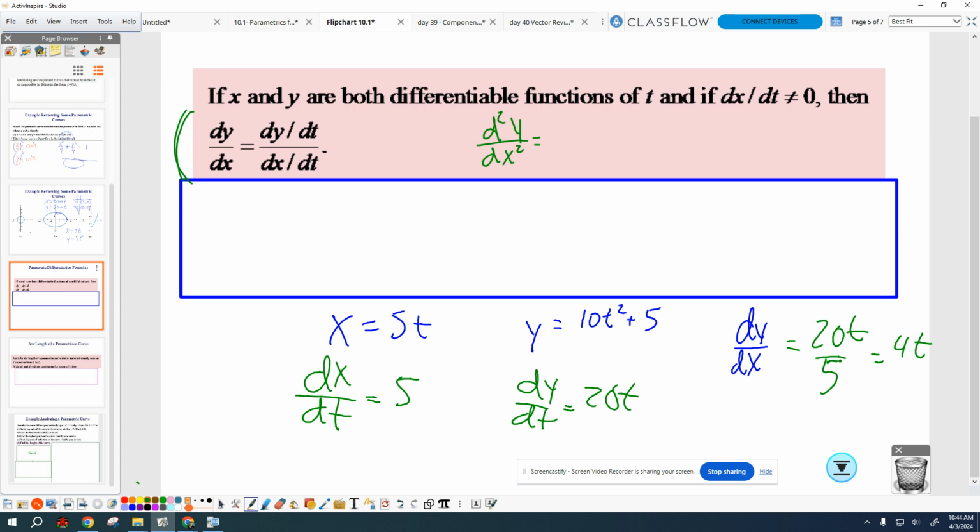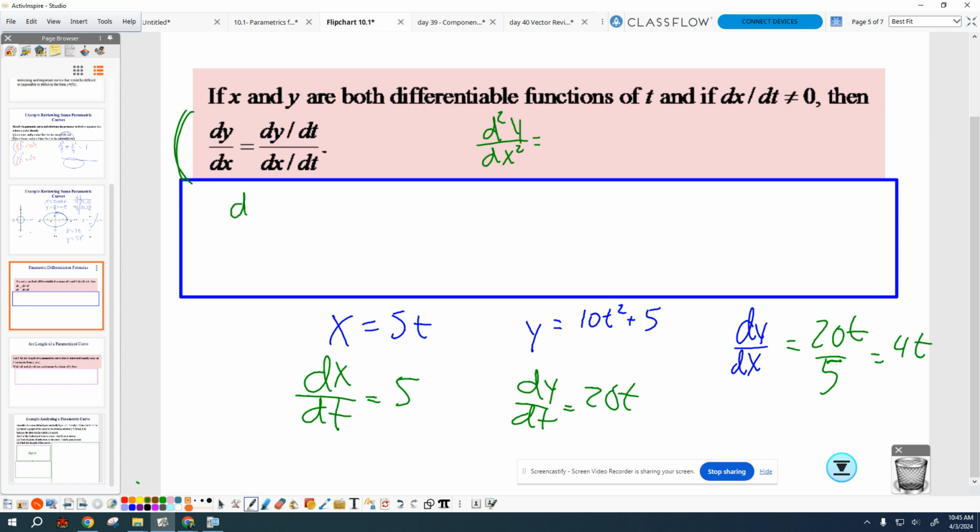The first derivative is feet per second, the change in position over time. But the second derivative is how your velocity is changing. It's not the change in y, it's the change in velocity, to get acceleration. It's feet per second squared.